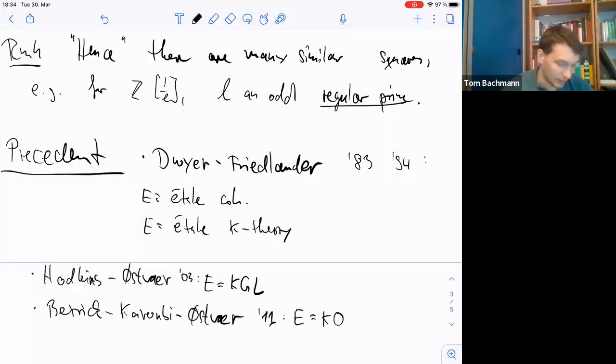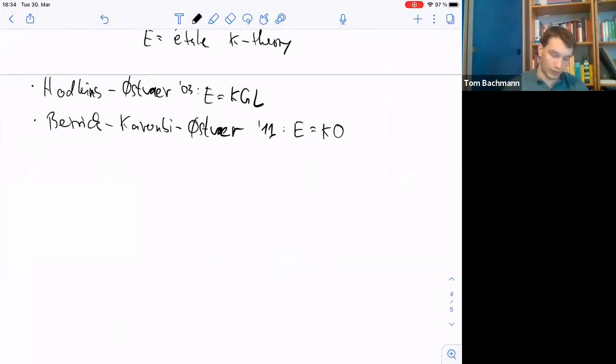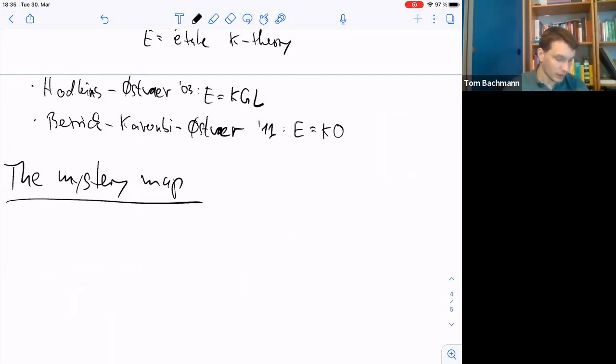Okay, so we have lots of time. Let me try and give you an idea how this result is proved. First, I need to explain what this map does. Let's call this the mystery map. It's not so mysterious at all. How did we get this bottom map?